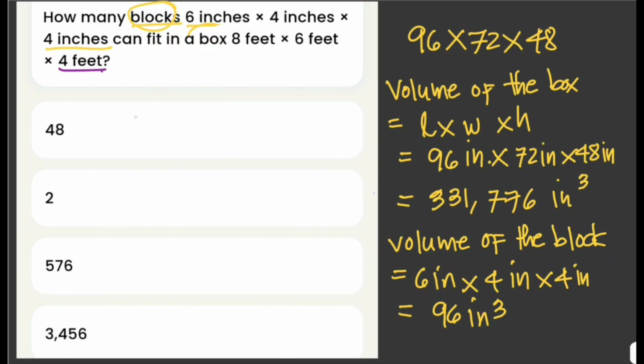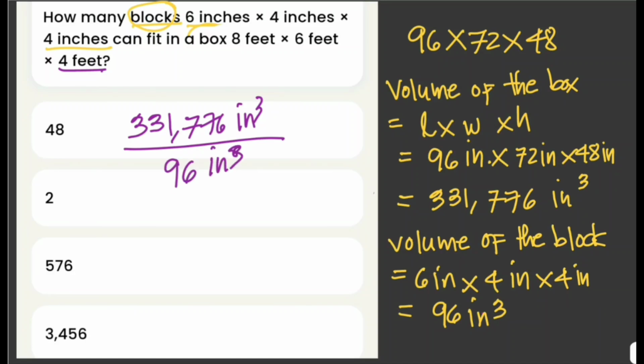That would be 331,776 cubic inches divided by 96 cubic inches. All right, and this would give us 3,456. Therefore, there are 3,456 blocks that would fit in a box that has a dimension of 8 feet by 6 feet by 4 feet. Therefore, the answer here is this one.